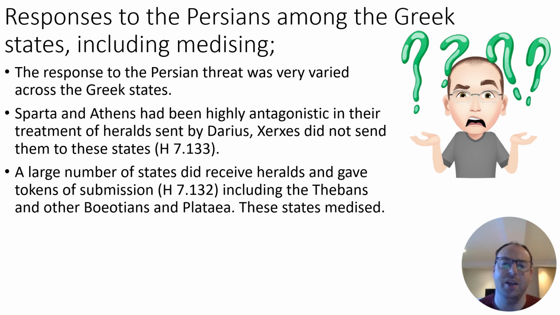We did see a number of states who gave tokens of submission. There are details of this in Herodotus 7.132, including the Thebans and other Boeotians and Plataea. Obviously, there's a really significant battle there. So these states medised; they accepted the Persian rule.